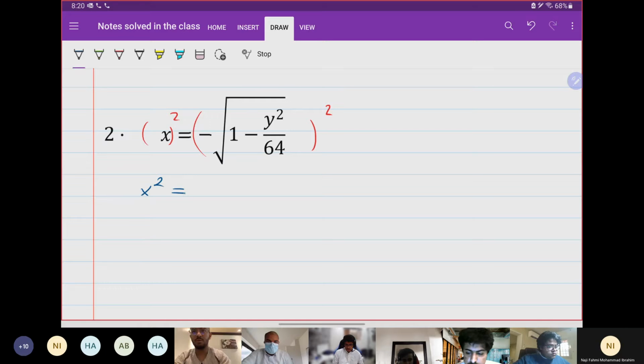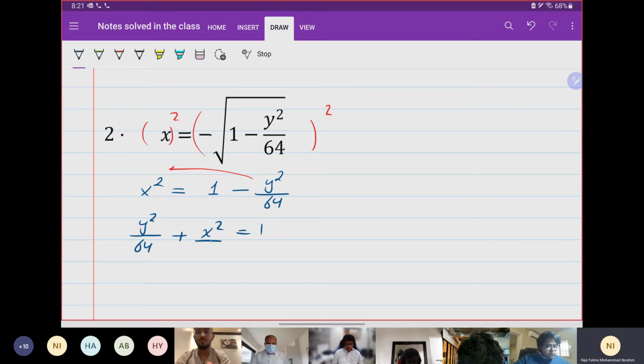Yes, x squared equals 1 minus y squared over 64. The root will cancel when we square. Now, if we rewrite it, I can move y squared over 64 to the other side. So my equation will be like this. Can we say x squared is over 1?